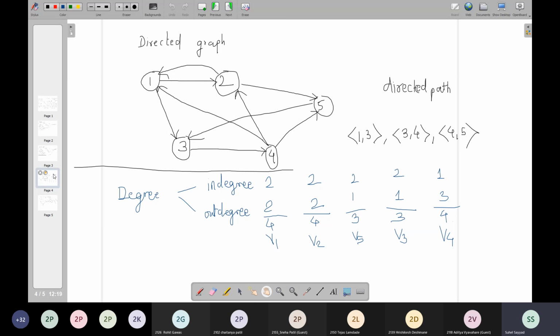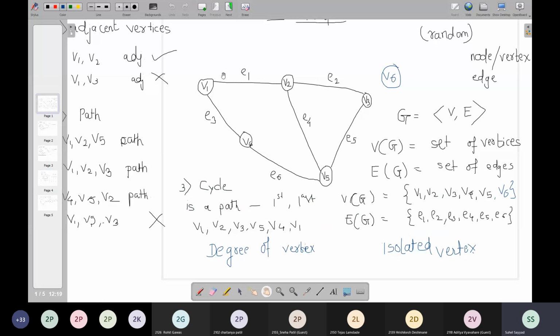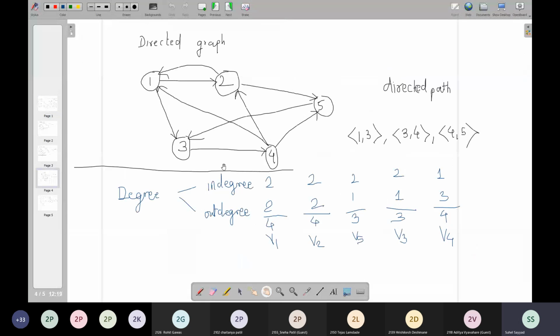So in a directed graph, edge 1 2 is different and edge 2 1 is different, right? Likewise here we have edge 2 5, but there is an absence of edge 5 2. So I cannot come from 5 to 2 because I don't have an edge here from 5 to 2. Then I may look out for some path, if at all it exists, right?